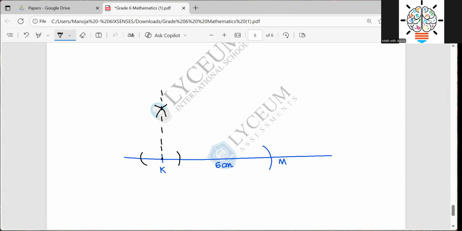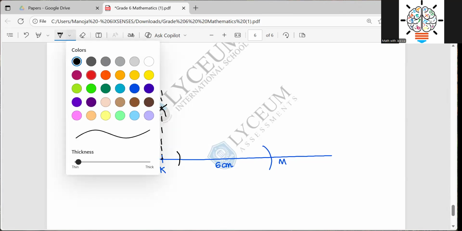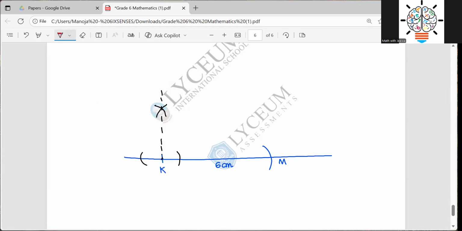And after drawing the 90 degrees, I will change the colors to show you the next step. So then you can have something like this and you draw the 45 like this. We don't know up to where you want to go, so you just draw a longer line.